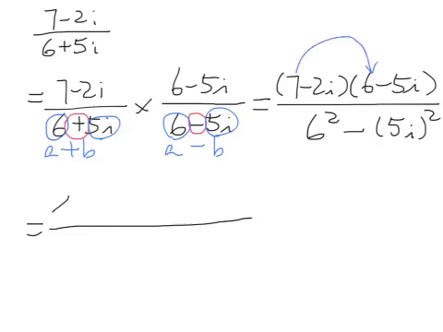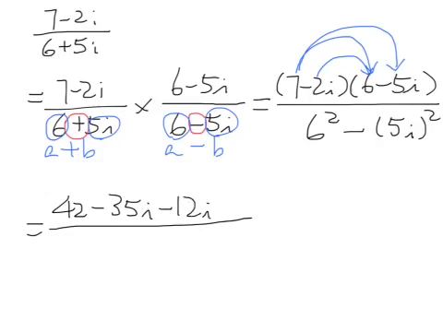Here we have 7 times 6 is 42. 7 times negative 5i is negative 35i. And here we have negative 12i. And finally we have positive 10i squared.